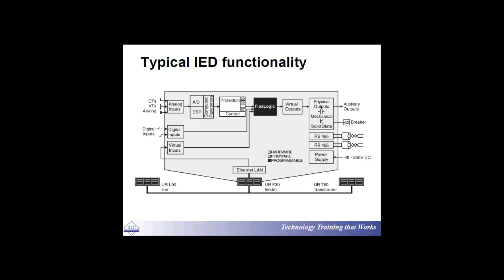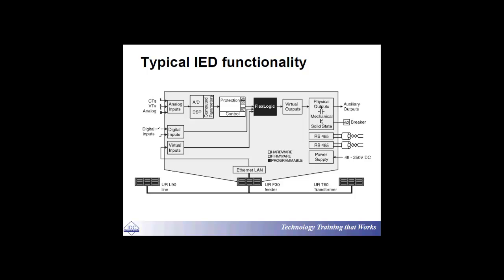As you can see in here, we have got a lot of different layers. Look to the right, we have got RS485, not a problem. We have got Ethernet LAN, not a problem. So look at the very bottom. You have got 3 relays, for example. One of them is URL90, which is a line protection device. Another one is URF30, which is a feeder protection device.